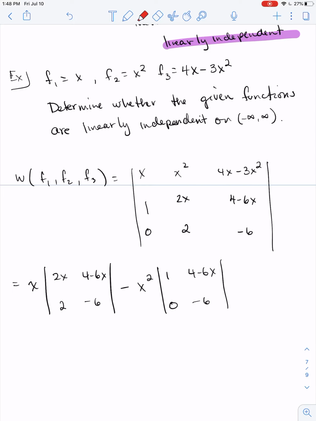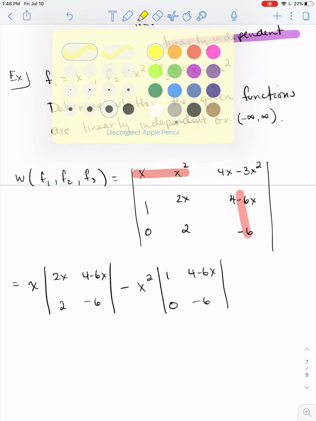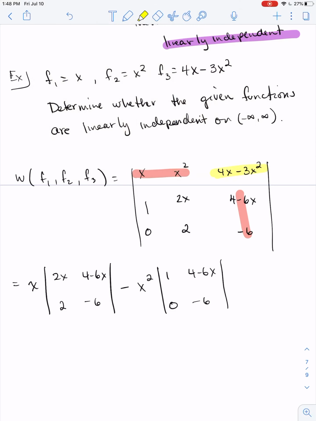And then the last one, you're eliminating these two, but we want to use this one. It's going to go back to a plus. And then you do the determinant of everything that is not highlighted.